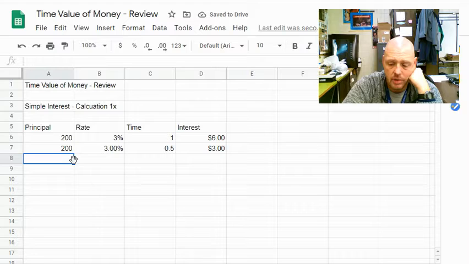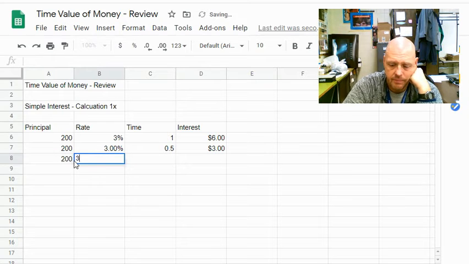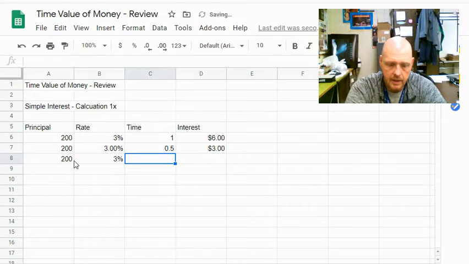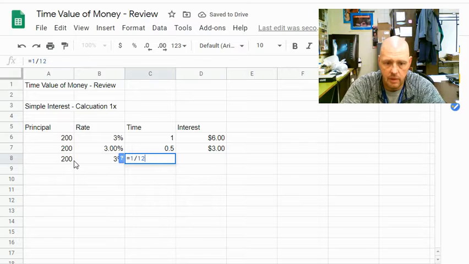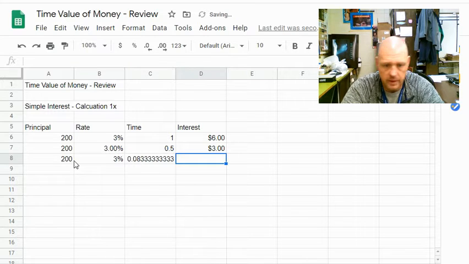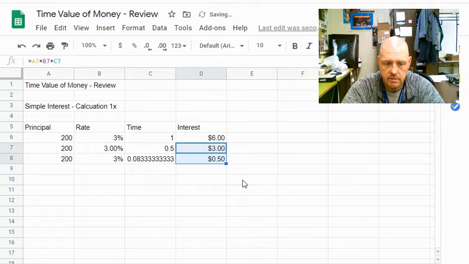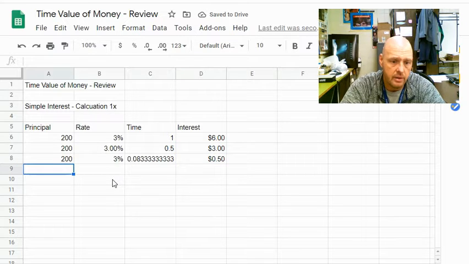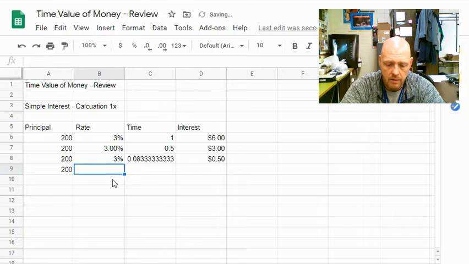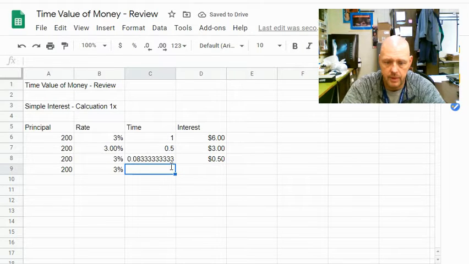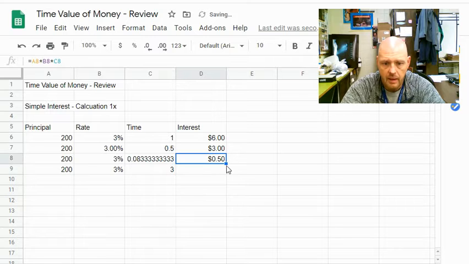If I leave it in there for only 1 month, that equals 1 divided by a 12-month year, or 0.083 and a whole bunch of threes. Again, less. What if I leave it in there for 3 years? Still 3%, but my time is now a full number 3. Logically, if we do math, it should be triple the amount for 1 year, because we're leaving it in there for 3 times as long.